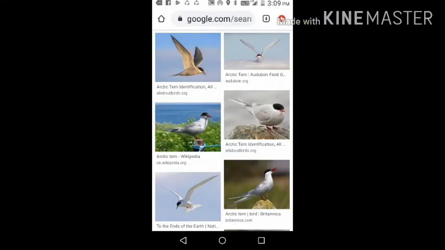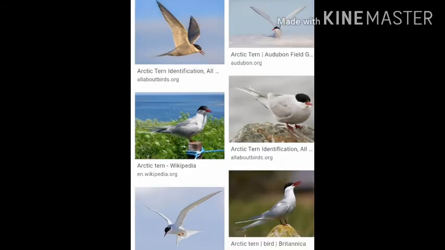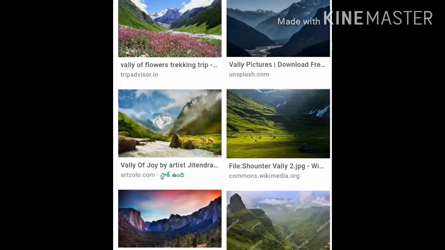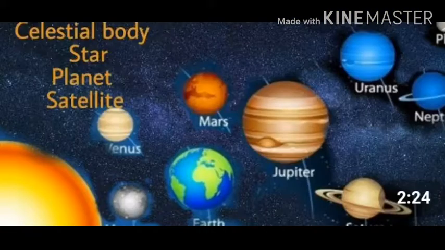Next one is gametic migration. Migrations that occur as a result of a need to occupy some special region to carry out reproduction are called gametic migrations. For example, painted storks and pelicans from Siberia to India and Sri Lanka.